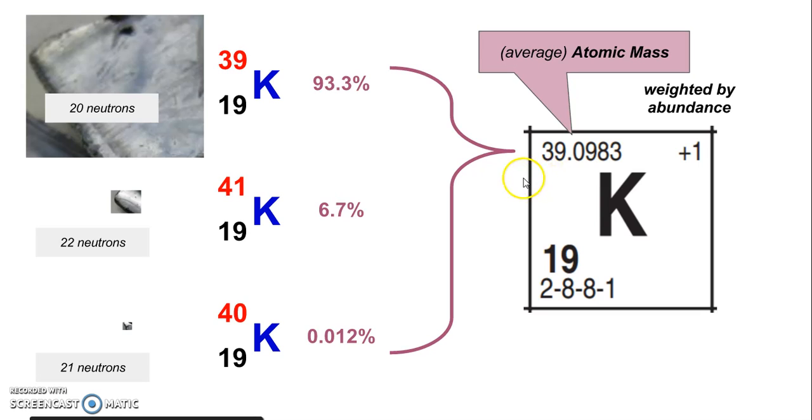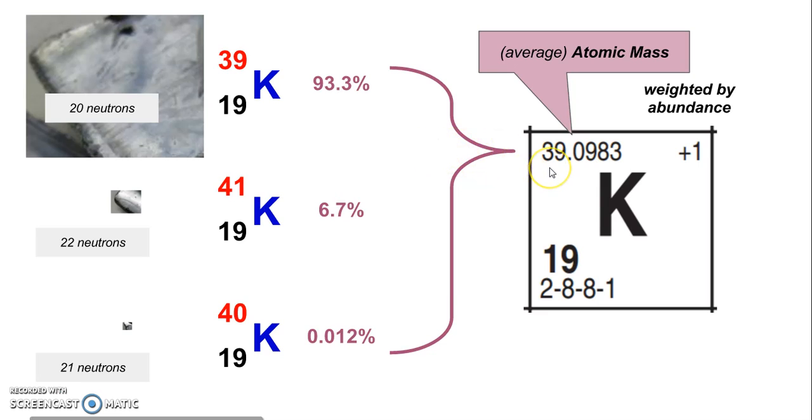That's the weighted average, and the fact that 39.0983 is closest to the whole number 39 tells us that K39 must be the most abundant isotope. It weighs most heavily into the average atomic mass of potassium.